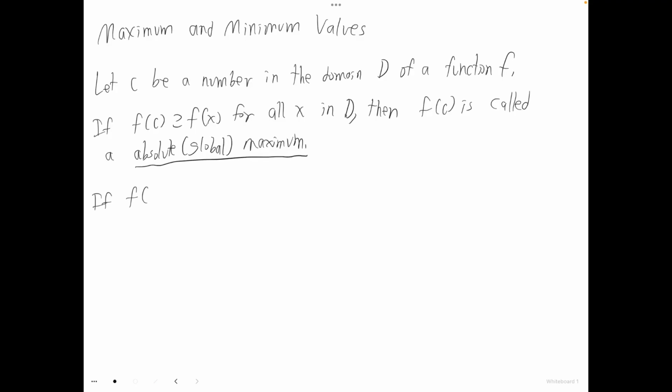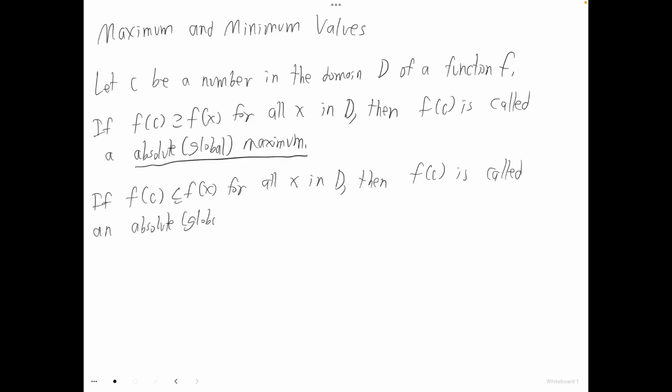And if f of c is less than or equal to f of x for all x in the domain D, then f of c is called an absolute or global minimum.